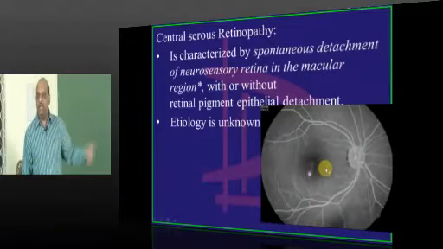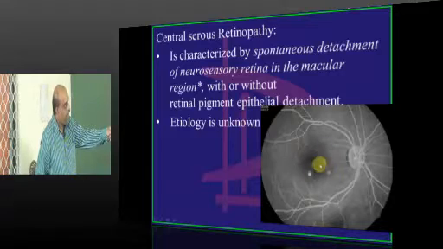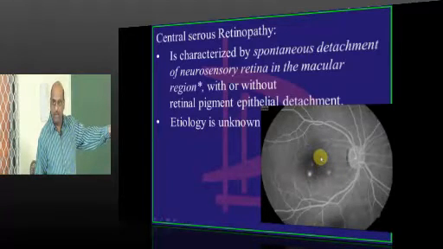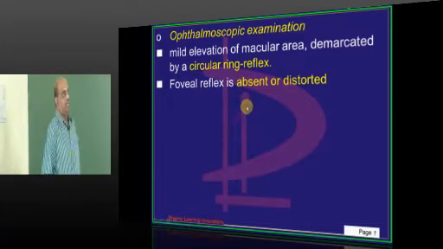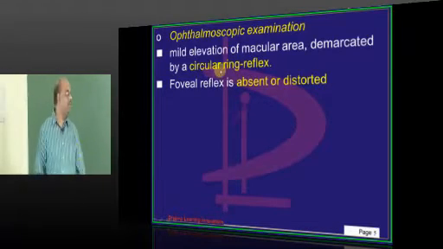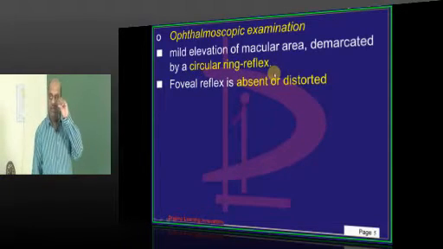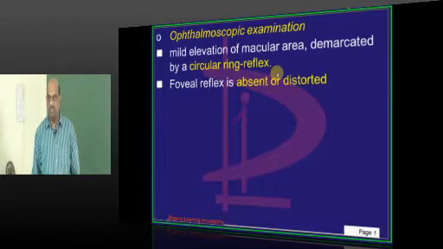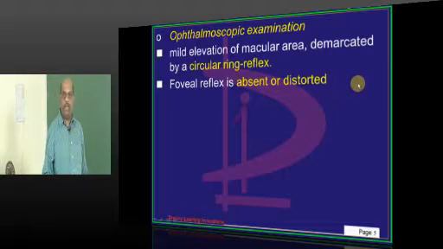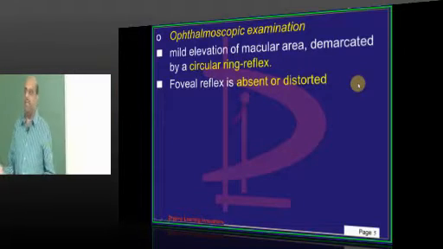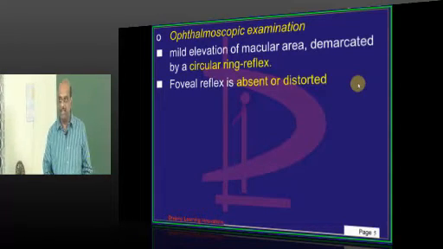Now, if you do fluorescein angiography, you can appreciate that the macular area has subretinal fluid in the form of central serous retinopathy. So in the macular area, there is a small elevation which leads to a circular ring-like reflex. Normally, whatever foveal reflex you get becomes absent or distorted. Where is the fovea located? Fovea centralis.